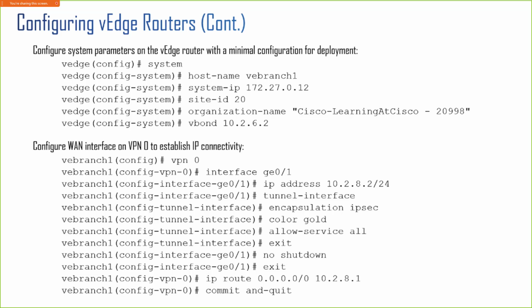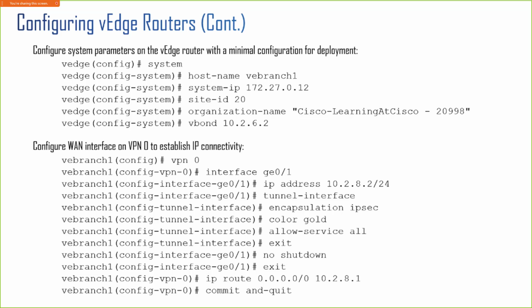Okay. Now we will get into later on the different VPN interfaces. There's only really two standard ones, VPN 0 and VPN 512. But you have to have at least one interface in VPN 0 for the overlay network to even be established, right? To be able to communicate from the Vedge device to vManage and to participate in the overlay network.